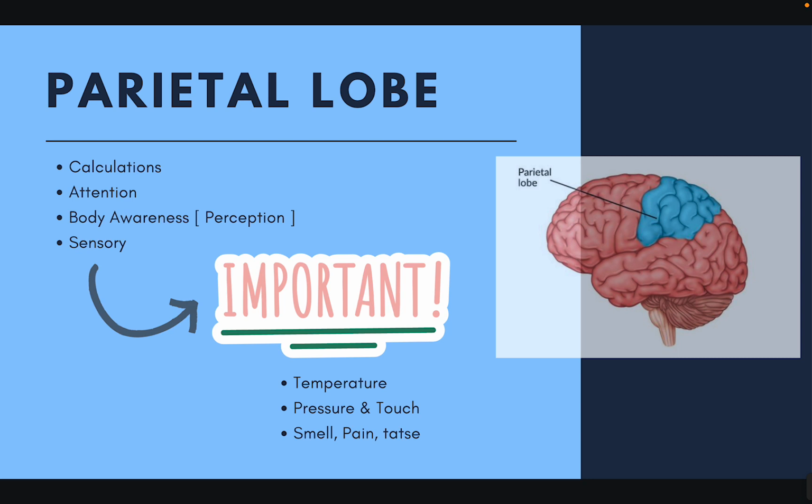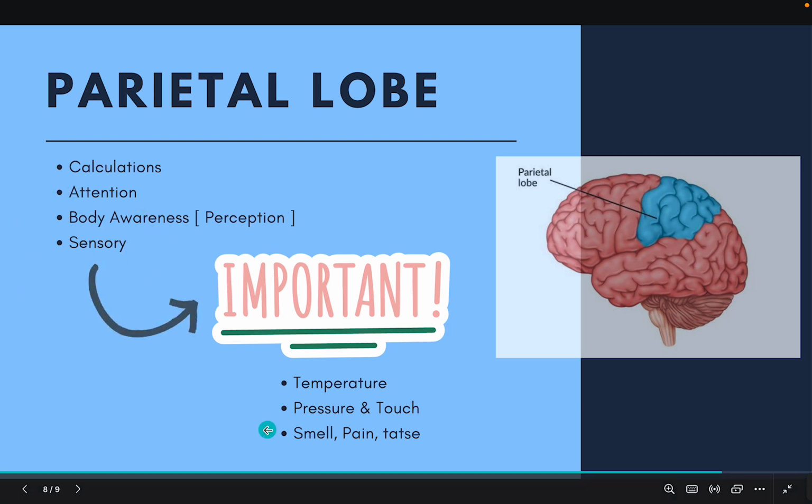So you're learning how to feel different textures, and also when they're eating, they're tasting different things. So for your exams, make sure that you know that the parietal lobe is the one that deals with your sensory, and temperature, pressure, and touch, smell, pain, and taste are very important to know.